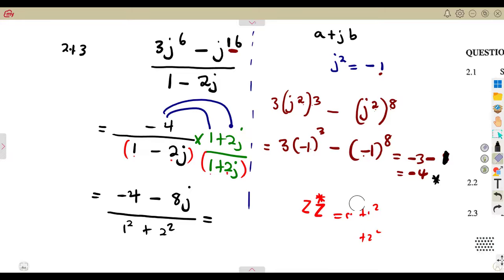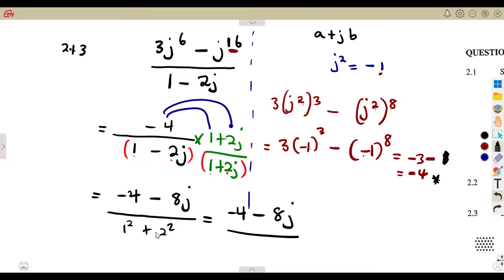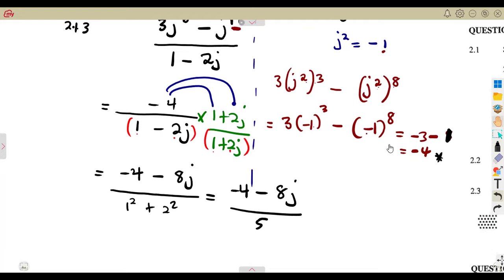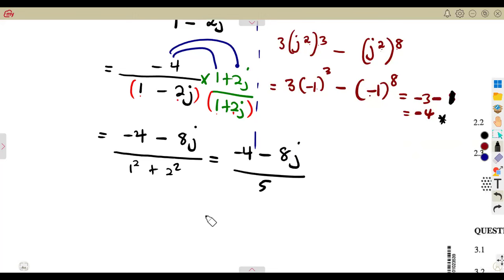So meaning to say, we can simplify this into minus 4 minus 8j over what? 1 squared plus 2 squared, that is going to be a 5. And separating this to have a real term on its own, the imaginary part on its own, that is going to be minus 4 over 5 minus 8 over 5j.